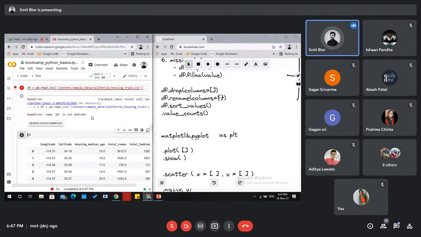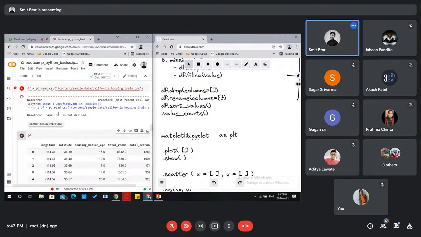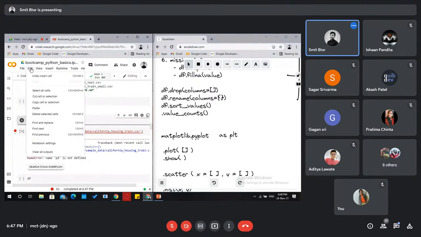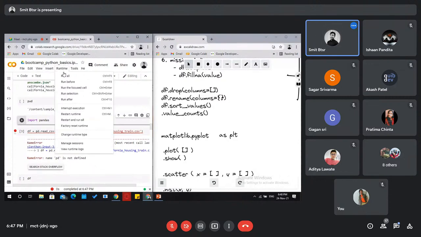Okay, let's import. You can run the whole file if you have made a different notebook for different sessions, right? You can run all the cells from here, Runtime, Run all.